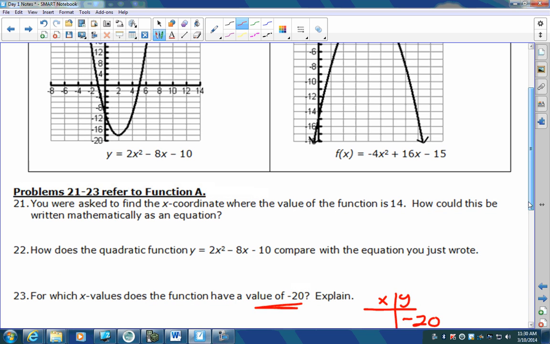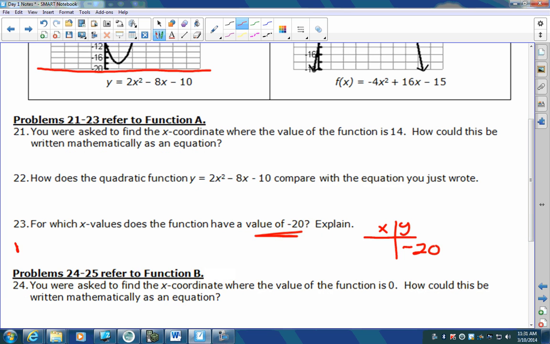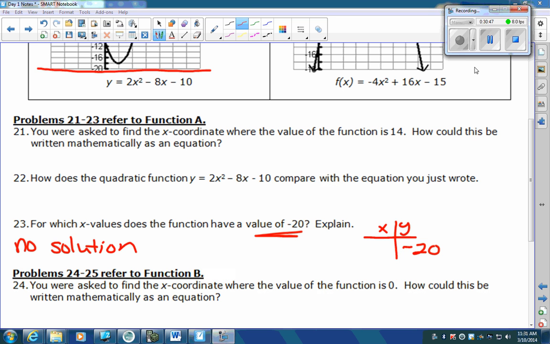Now if you go up here to where y is negative 20, does my parabola touch that line? No. And that's what I meant by saying this has no solution. On that graph a little bit ago, there was 3 types of solutions. 1 solution, 2 solutions, and no solutions.